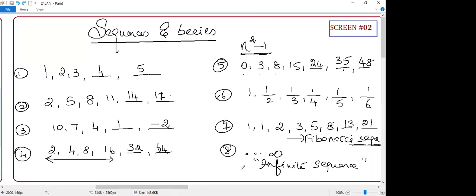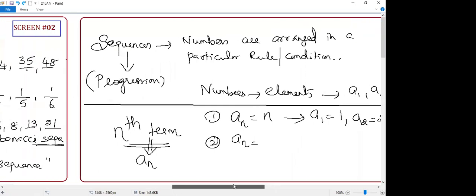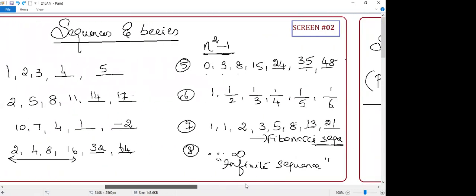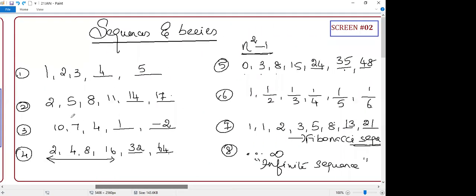That is called the rule. Clear or not, everyone? Sir, n equals 3 or what, sir? No, you have to write some term. I'm going to substitute 1, then I will get the first term. Clear or not? So you have to tell me what is the common rule behind that. This is called the nth term.